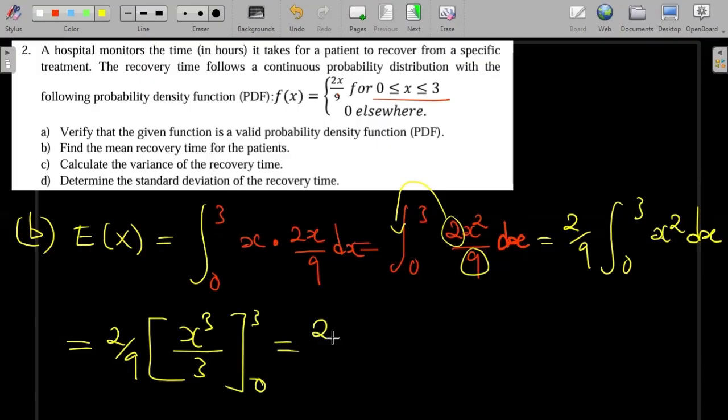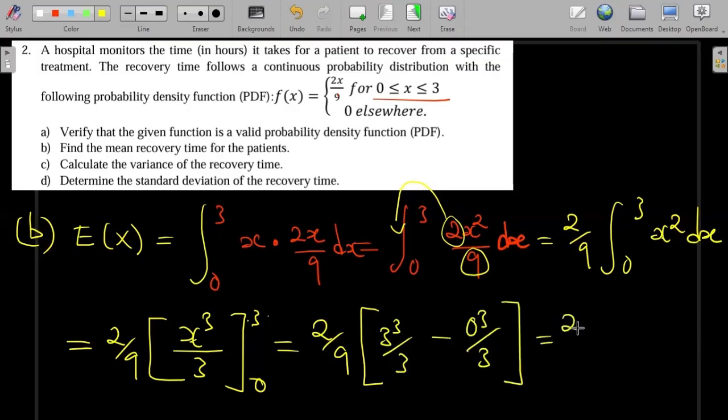So I'm going to have 2 over 9, and then here I replace x with 3. So it will be 3 to the power 3 over 3 minus 0 to the power 3 over 3. This gives me 2 over 9, and in the brackets, I have 3 to the power 3 divided by 3. We can cancel one 3 with one 3 there, so we remain with 3 to the power 2, and then this is 0.